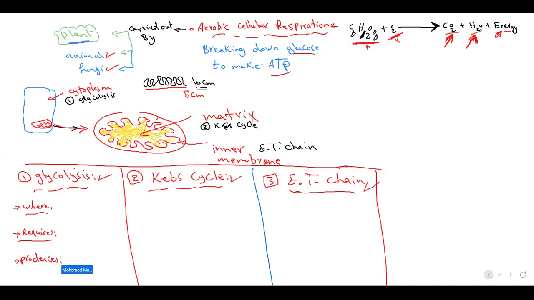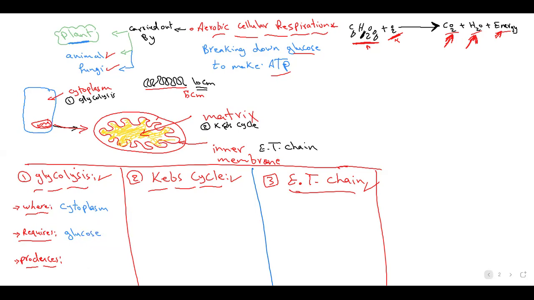This is an easy one. I already told you, where does glycolysis take place? I wrote cytoplasm. Excellent, in the cytoplasm. What do we require? The process is splitting glucose, so we require glucose to split it.